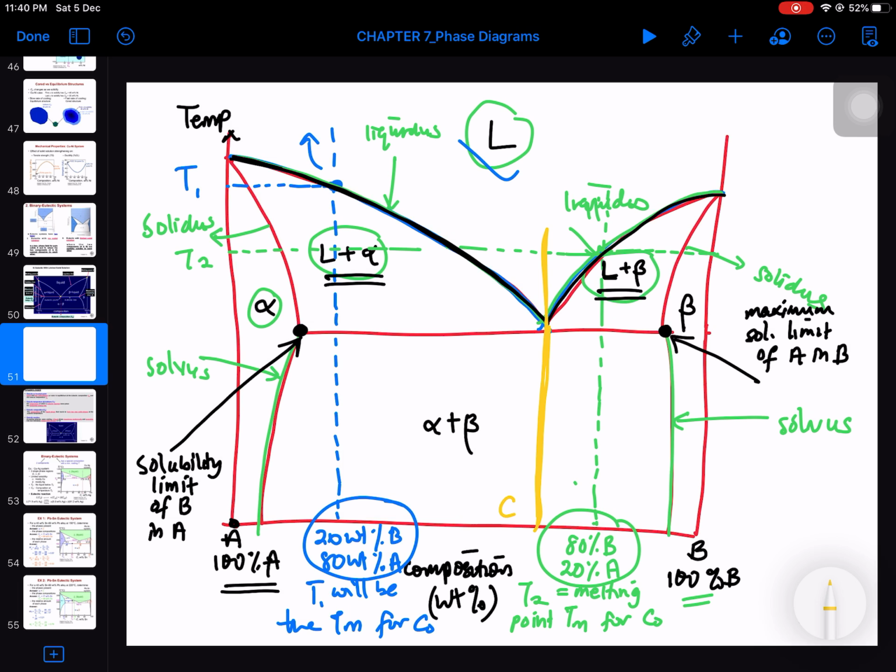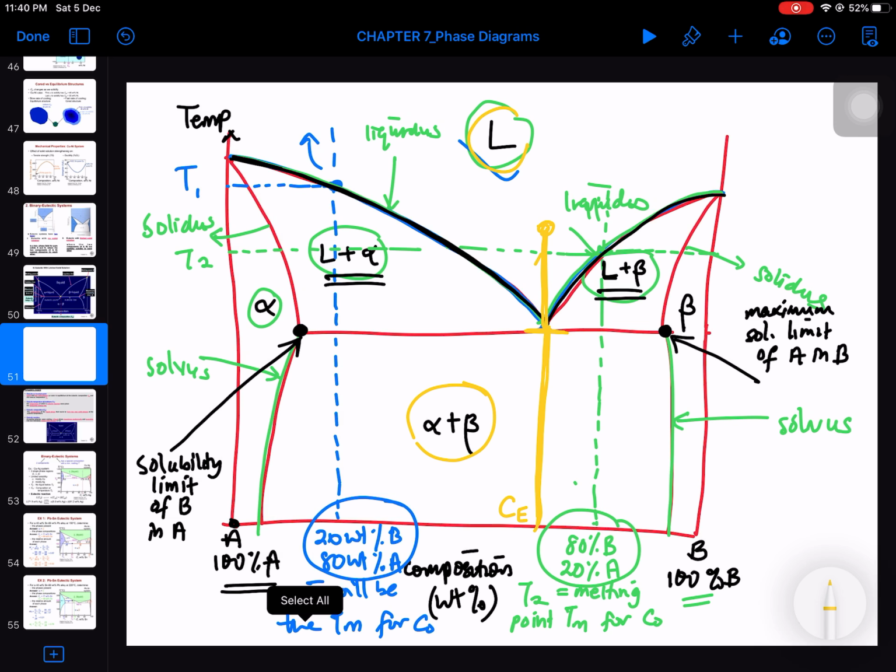At this point it's all liquid, and as the temperature decreases and it passes through this temperature, it goes from liquid to the alpha plus beta region. It's not going through the transition phase, either liquid plus alpha on the left hand side or liquid plus beta on the right hand side. It goes straight from liquid to all solid.